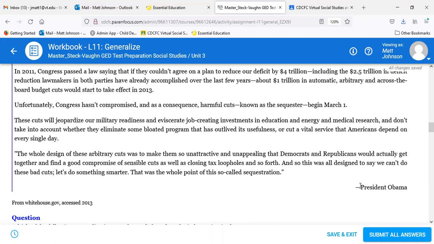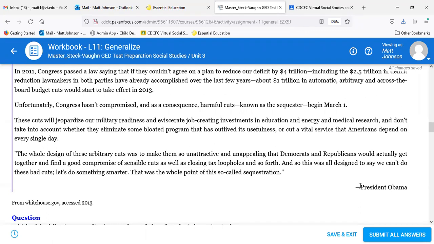I remember this back in 2013. Only certain emergency or very bare minimum parts of the government were operating because the rest were not getting funded.